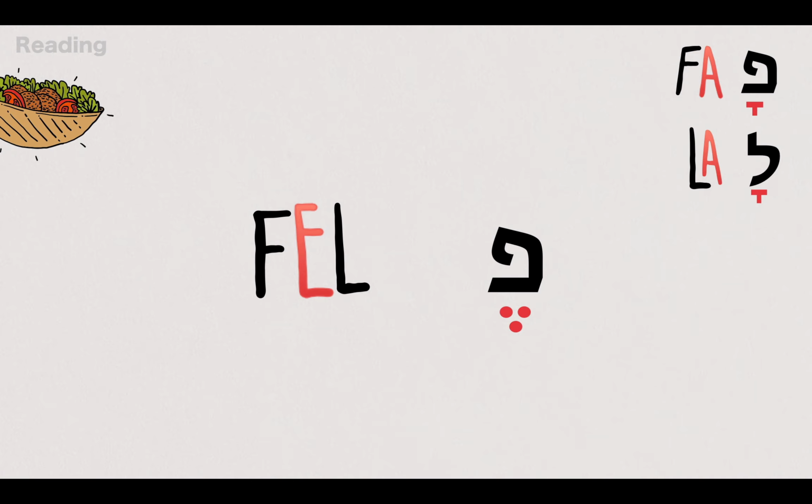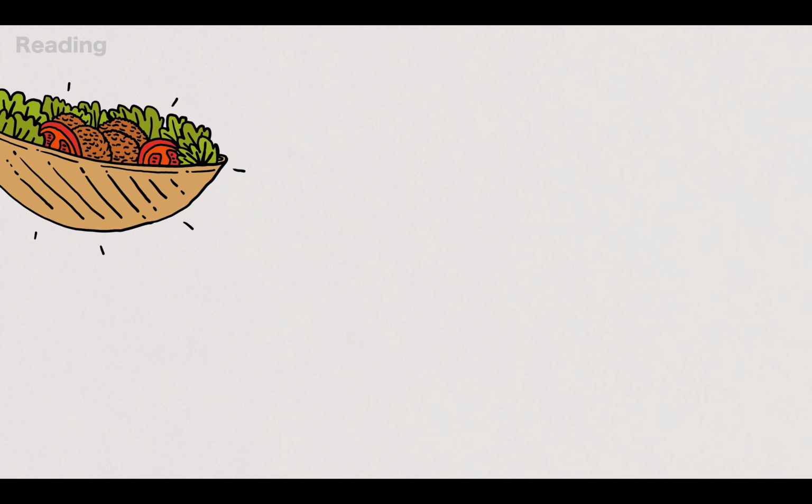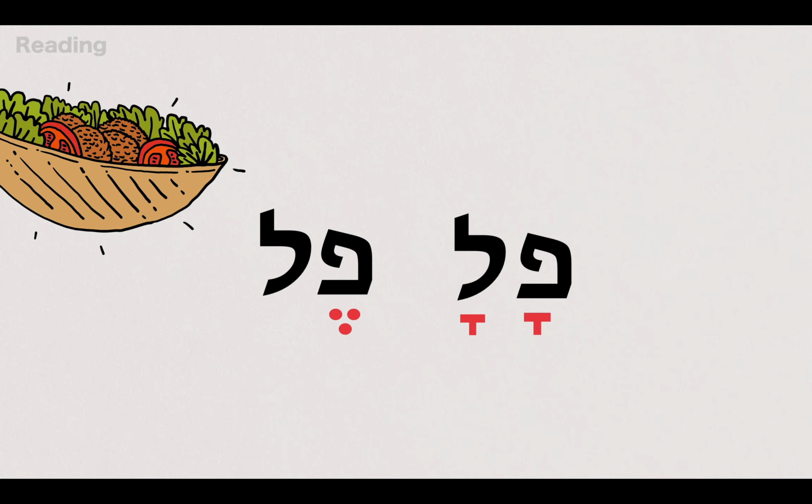It's that letter from before. And now I've just written fel. So here's the whole word together. Fa, la, fel. Actually, there is another letter in the middle. It's a silent letter. But don't worry about it. We're going to learn all about it later in the vowels lesson.